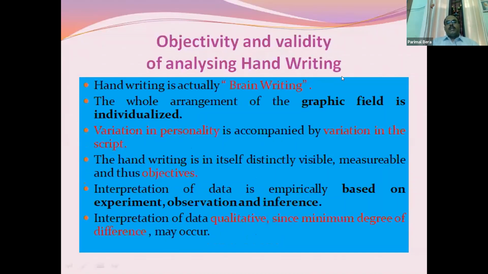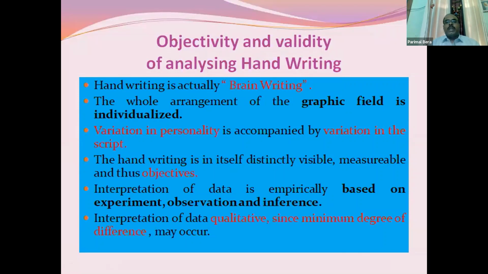Objectivity and validity of the writing part. Why do we believe in writing, and is it objective or subjective? You may have noticed that even in one line or one sentence of your writing, you may not find two T's in a similar form.